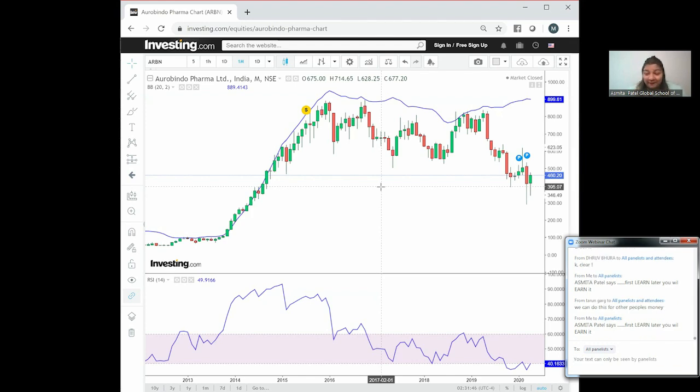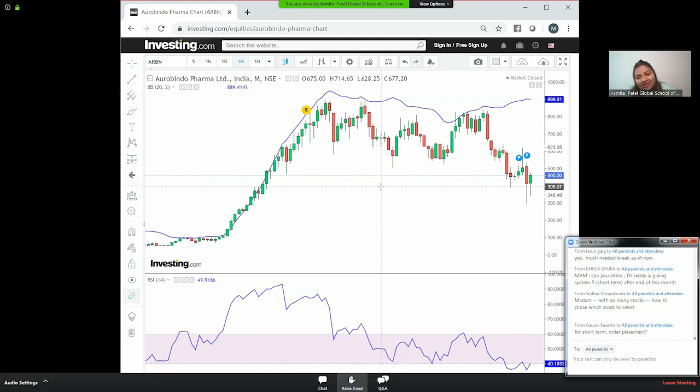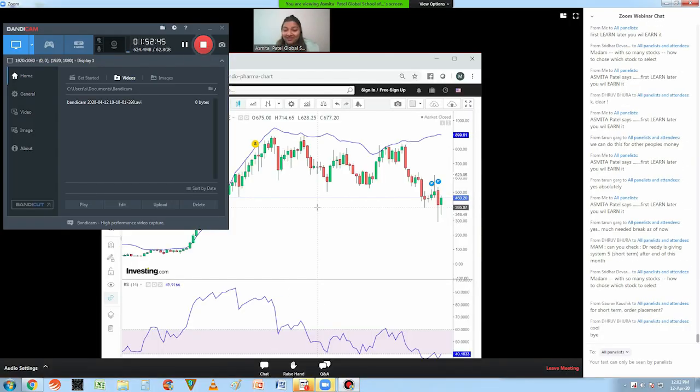If the next month low goes below the previous month low minus 2.5%, then the stop loss is hit.